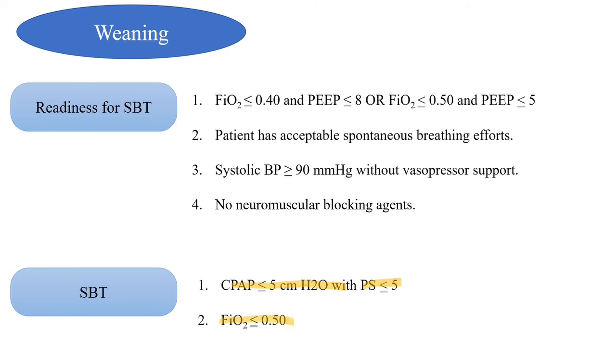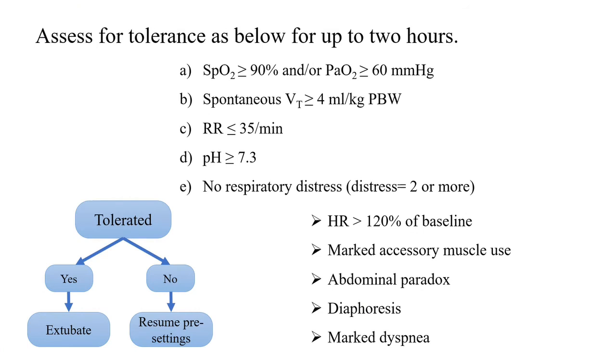And if the patient tolerates it, you can assess the tolerance for 2 hours. If the saturation is higher than 90% and the PO2 more than 60, the spontaneous tidal volume higher than 4 milliliters per kg, respiratory rate less than 35 per minute, pH is higher than 7.3, and there is no respiratory distress, and this distress is not only respiratory, but also re-elevation of the heart rate by more than 120% of the baseline, accessory muscle use, abdominal paradox, sweating, dyspnea.